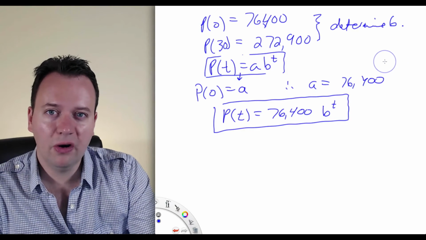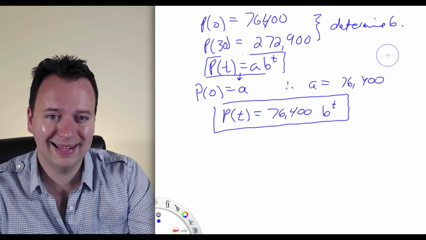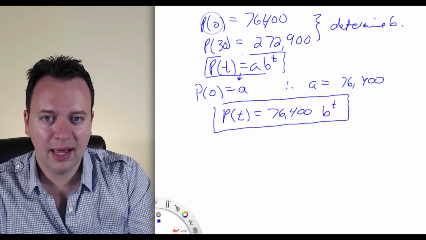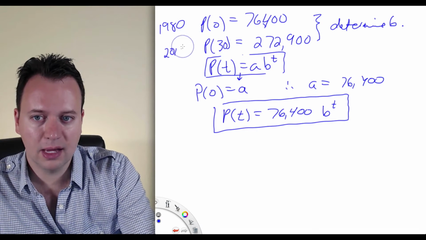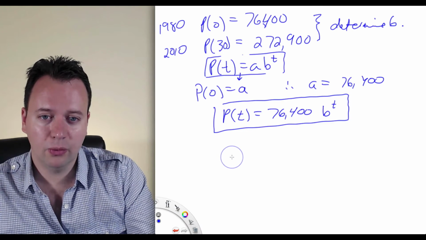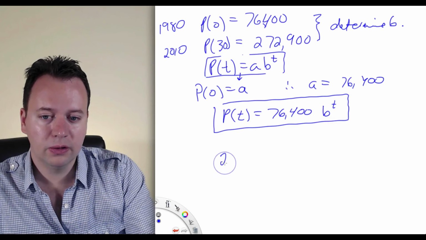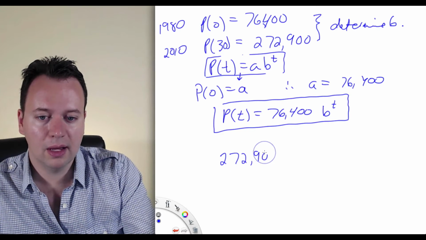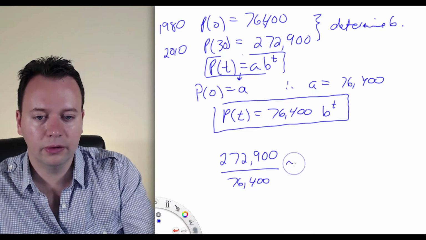And we're going to do something very similar to what we used with the half-life, except it's not going to work out as nicely. So between 1980 and 2010, what was the overall jump in prices? So what factor did the prices go up? So 272,900 divided by 76,400.